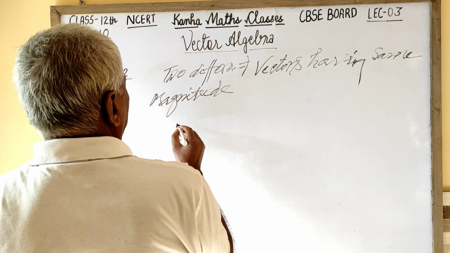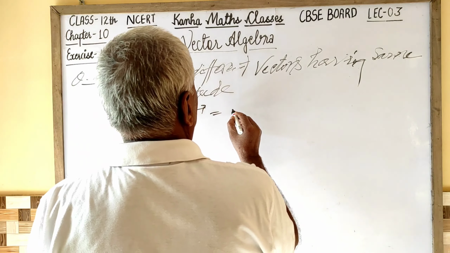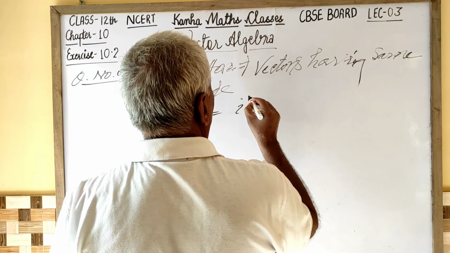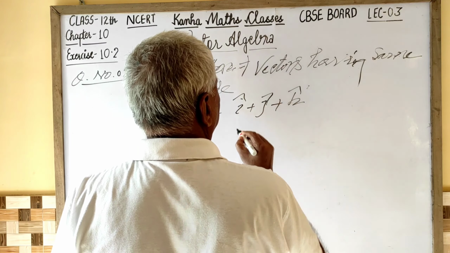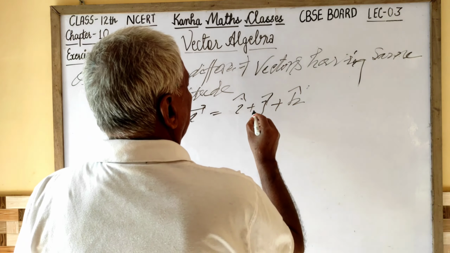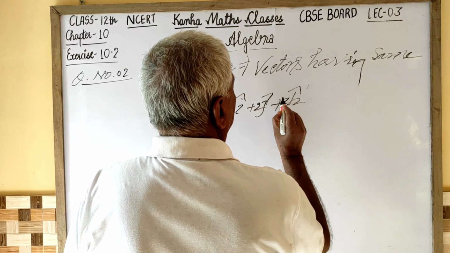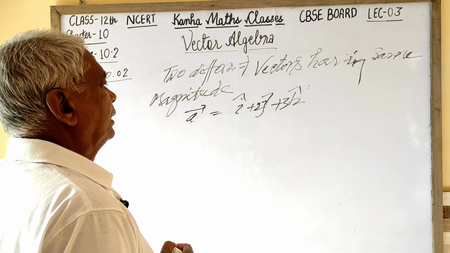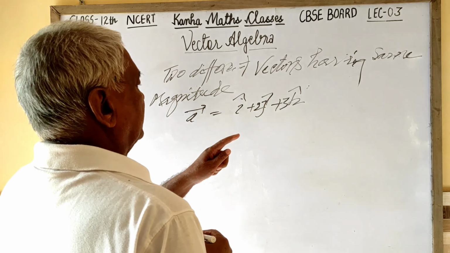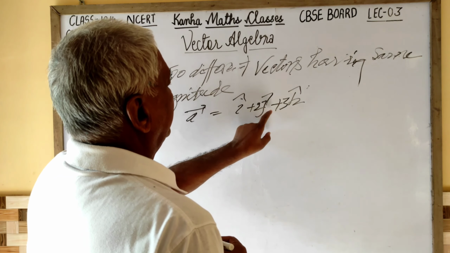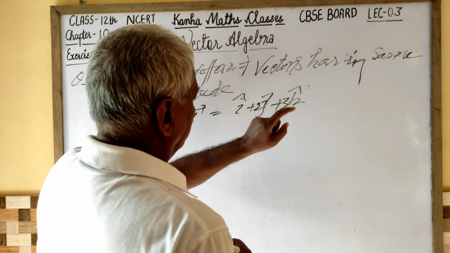If you write a vector A, say i plus 2j plus 3k, suppose this is the vector having components towards the unit vectors i, j, k of 1, 2 and 3.